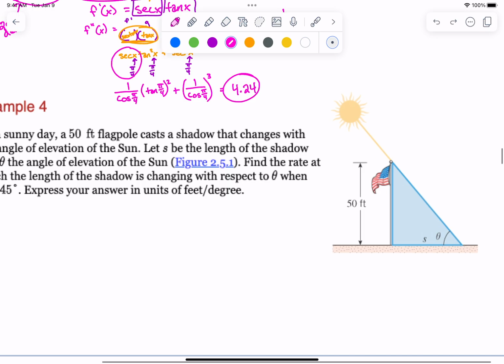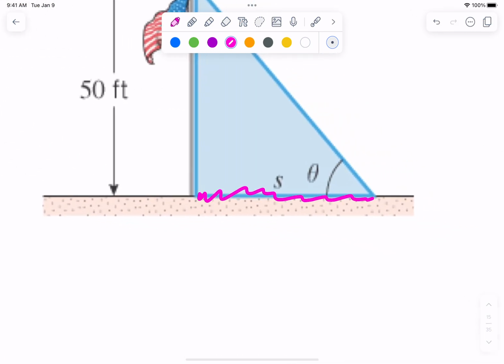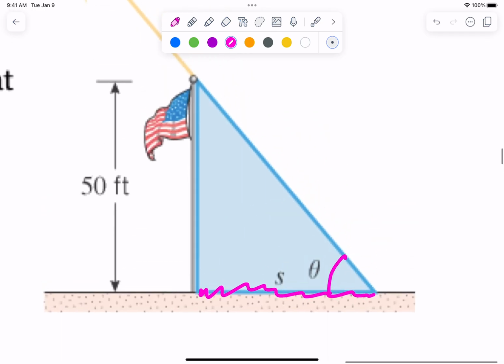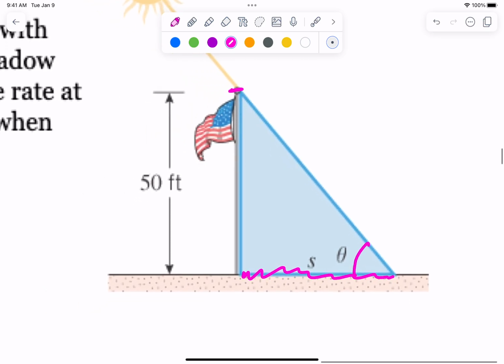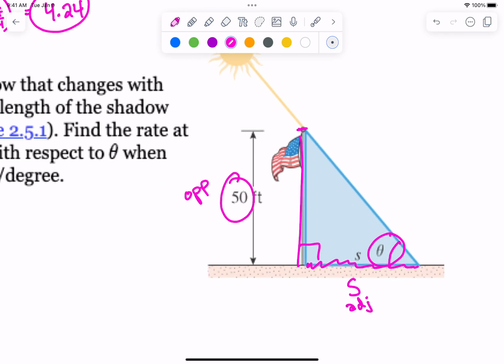We are talking about the length of the shadow, so we want to represent this length of shadow. Here is this angle, and this side is consistently 50 feet because that's how tall the flagpole is. We need a way of relating angle theta to this side and to side S. This is a right triangle, so we have opposite and adjacent, so we use tangent.